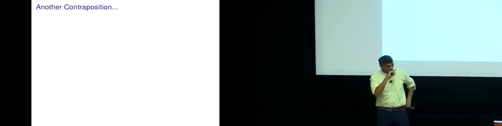Okay. So how about another proof? For every n in the integers, n squared is even implies that n is even. Here too you have the problem. We can start with P and try working with it.